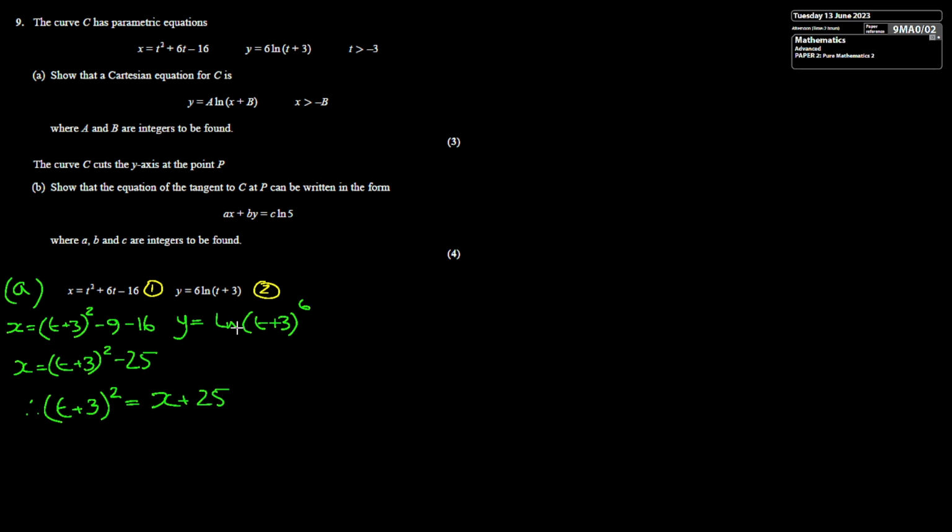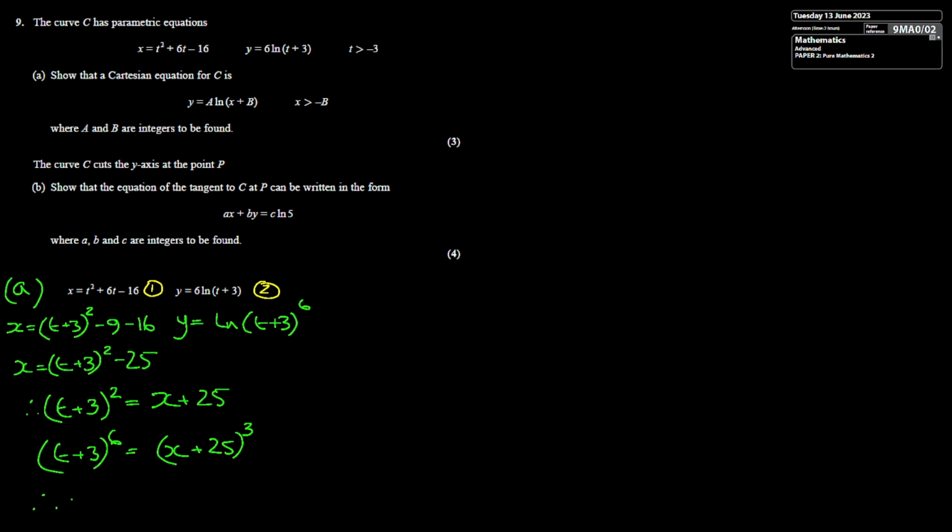But we want t plus 3 raised to the power 6. So if I raise this to the power 6, I have to raise this to the power 3. So I get (t plus 3) to the power 6 is equal to (x plus 25) raised to the power 3. Now we can substitute straight into equation 2 and get an answer.